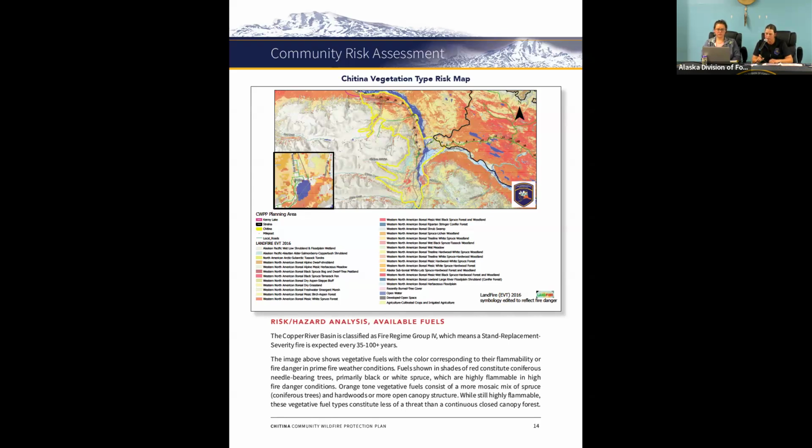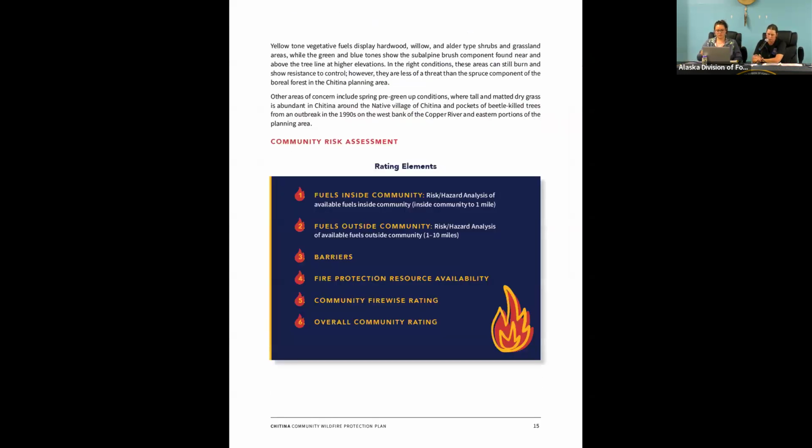So on page 15, the elements that were used were a risk and hazard analysis of fuels inside of the community, which included up to 1 mile; risk and hazard analysis of fuels outside of the community, which included up to 10 miles; both the human and natural barriers that surround the community; fire protection resource availability; a community Firewise rating; and then that brings us to our overall community rating.